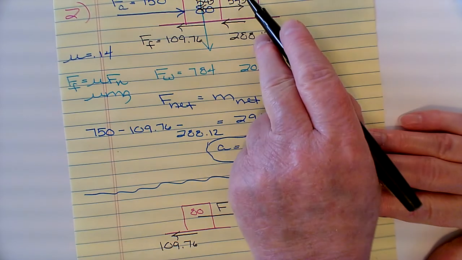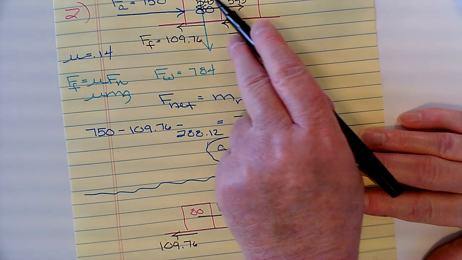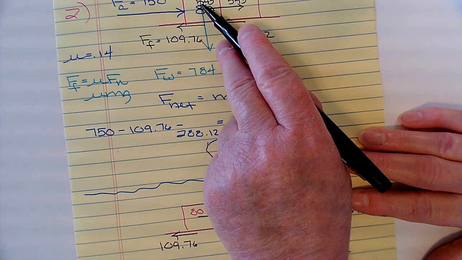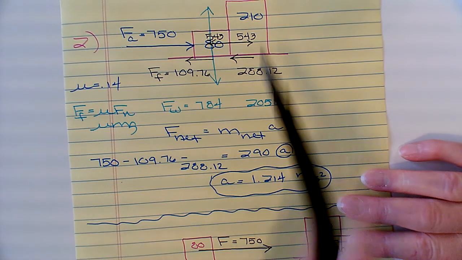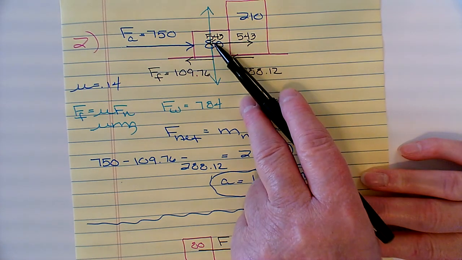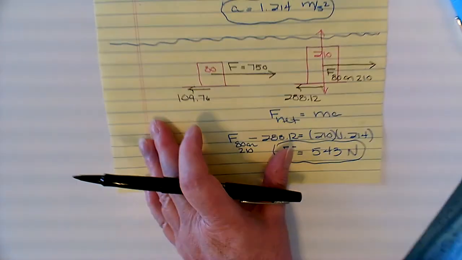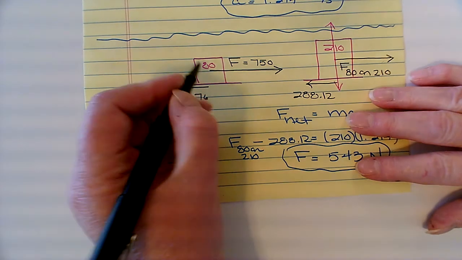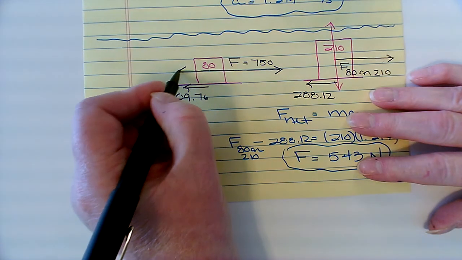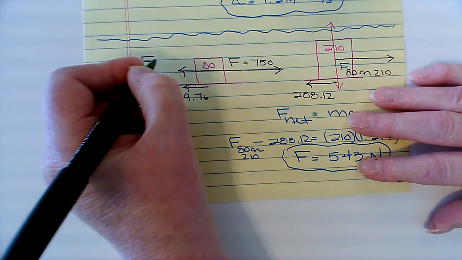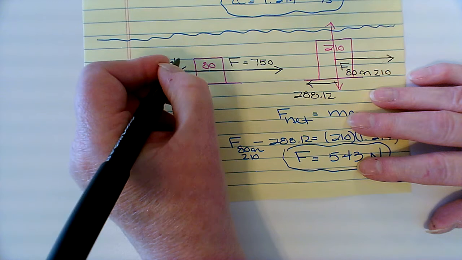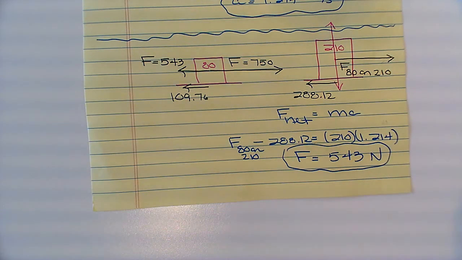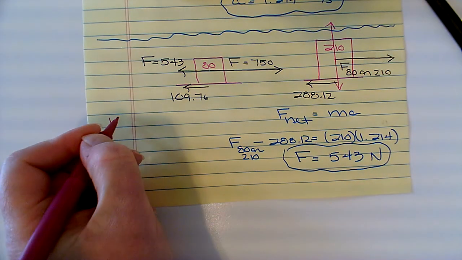And we have this 210 block pushing to the left at 543. So I need to add that to my picture down here, a force to the left of 543.